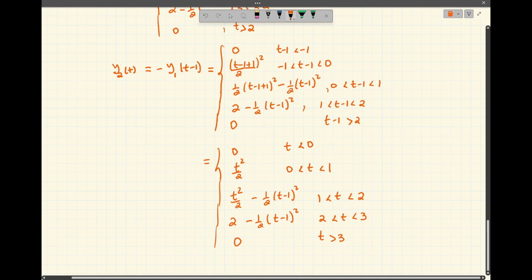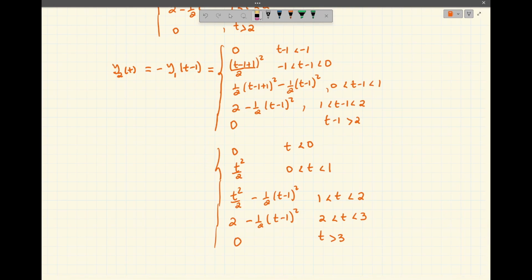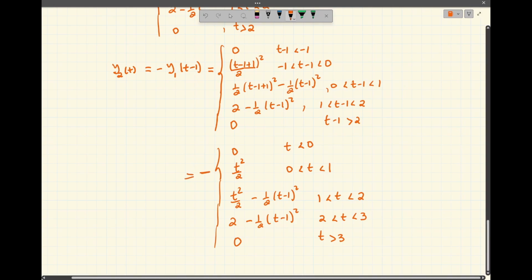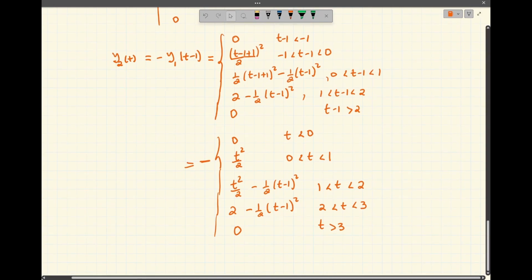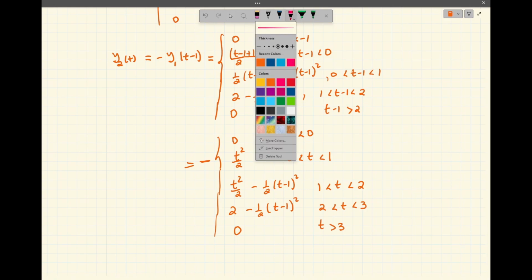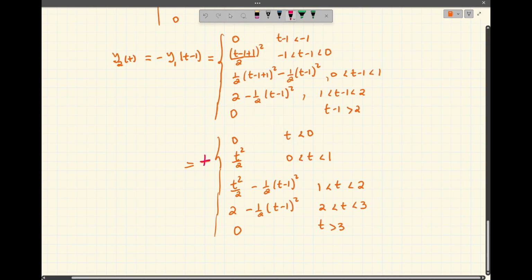I need to put a minus in front of it. So when I put a minus inside the parentheses, this becomes minus, minus here, plus here, minus here, plus here.